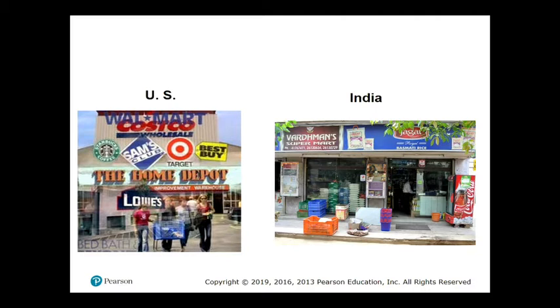Now, this is a very distinct example of how customer preferences and customer characteristics would determine the supply chain structure. This is a picture of some of the supermarkets and big congregated stores in the U.S. Costco, Sam's Club, Walmart.